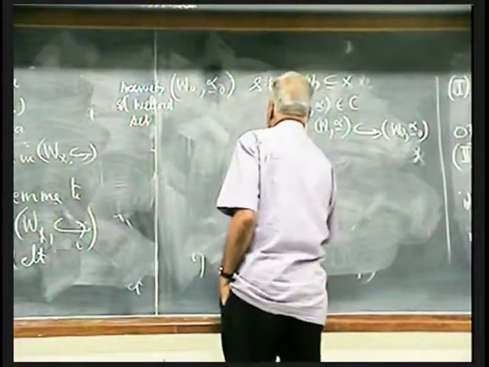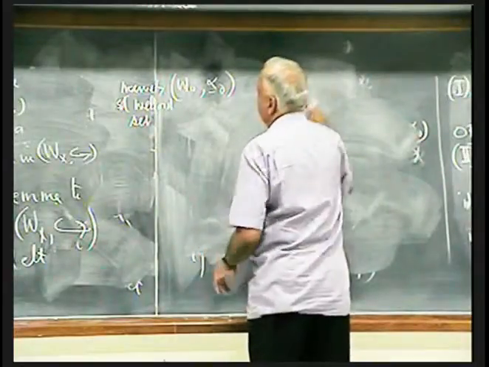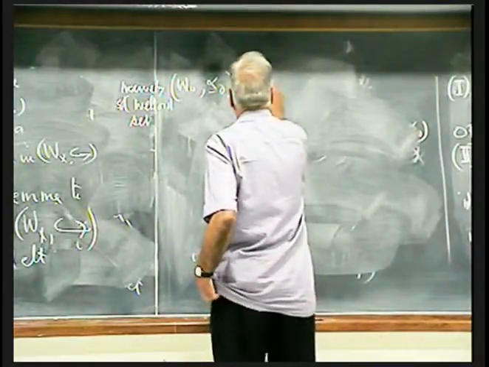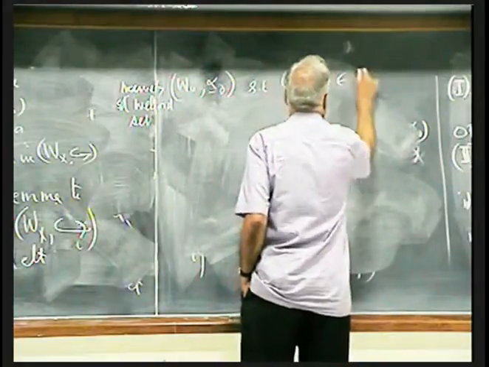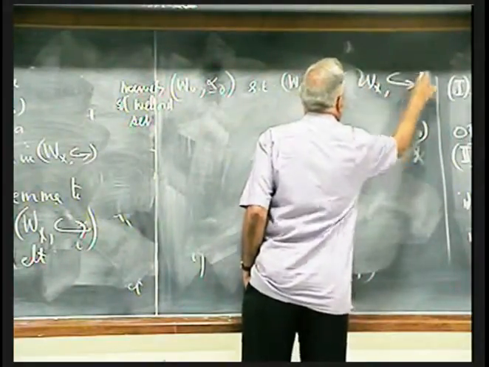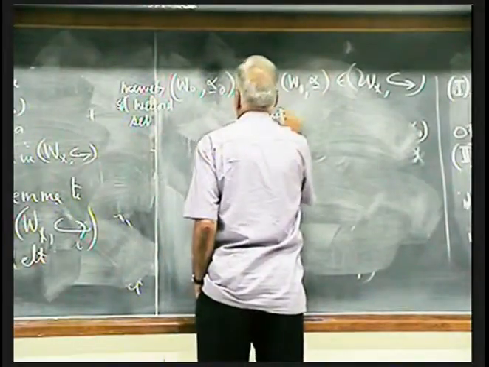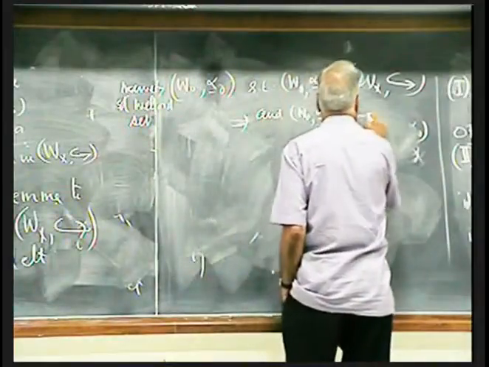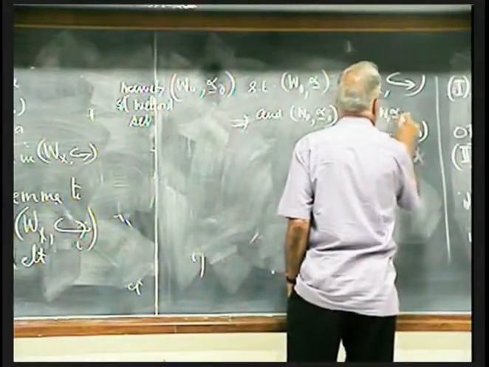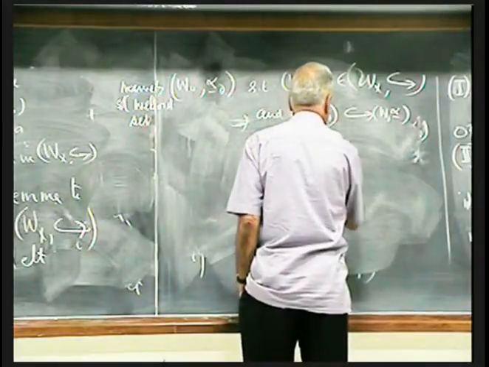I am still at upper bound such that W belongs to Wx implies W naught implies W naught alpha naught equal to.